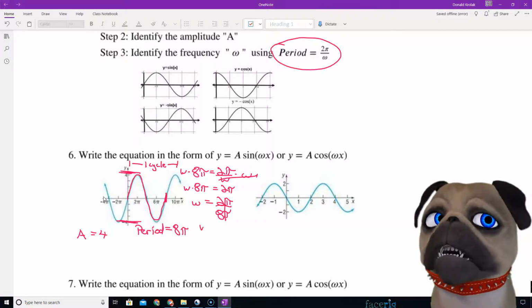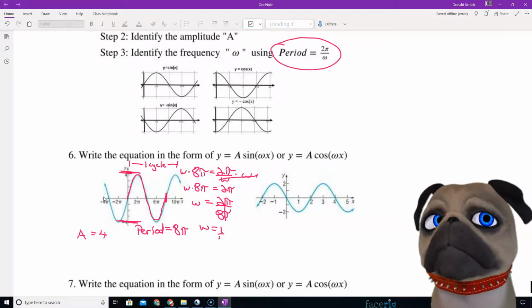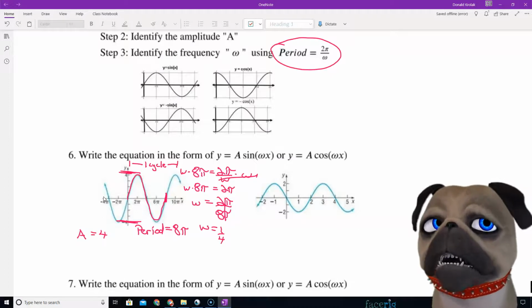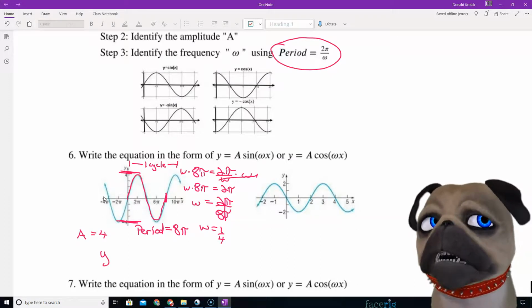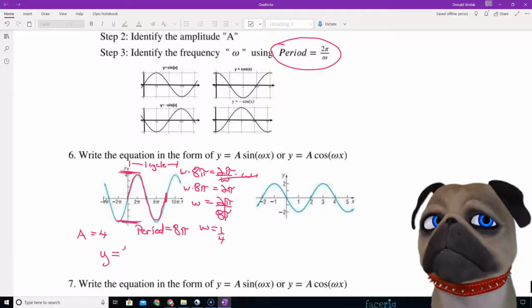Those cancel, and omega becomes 1/4. So this graph here would be y equals, it's a sine graph, so 4 sine 1/4 x.